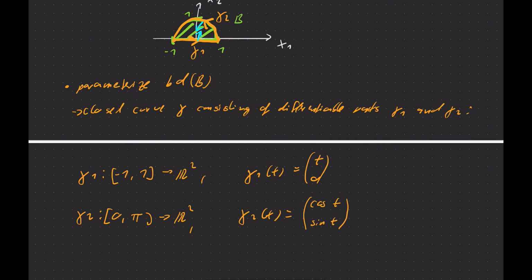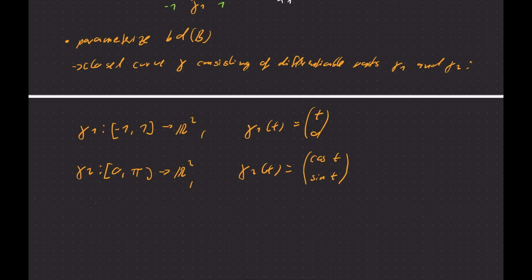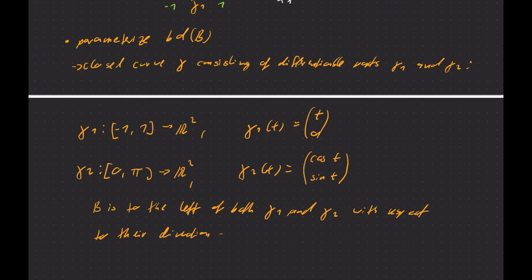Okay, so B actually is to the left of both gamma 1 and gamma 2 with respect to their direction of traversal.